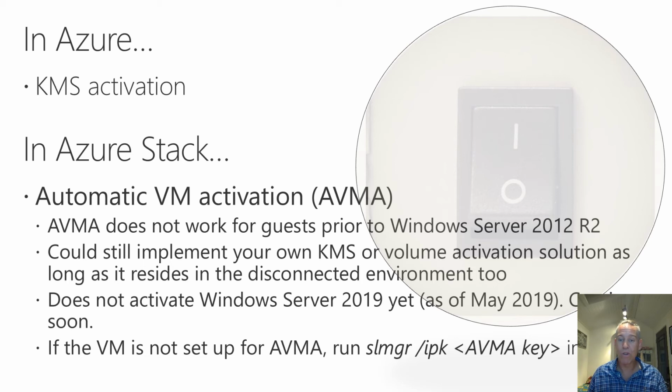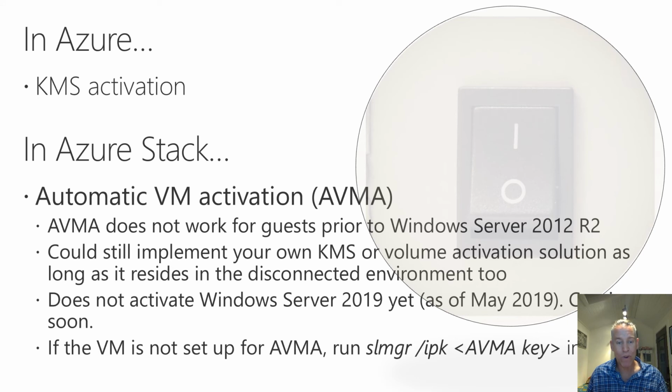Only Windows Server 2012 R2 and above understands how AVMA works, so all of those guest VMs will be automatically activated when they're running on top of Azure Stack. If you deploy operating systems earlier than that, you need to have KMS activation or volume activation. This isn't really specific to Azure Stack, but you need to have an accessible KMS server or a volume activation license in your images to make them activate properly if they're running in a disconnected environment.